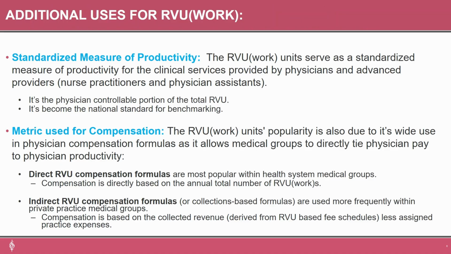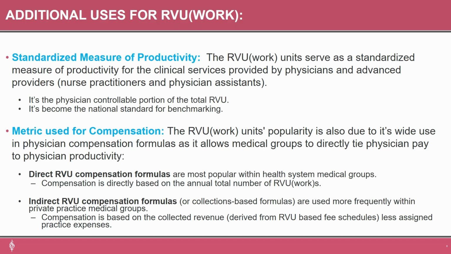The first is that the work RVU has become the standard to measure productivity. This unit serves as a standardized measure of productivity for the clinical services provided by physicians and advanced providers, nurse practitioners, and physician assistants. It's the physician controllable portion of the total RVU, and it's become the national standard for benchmarking.